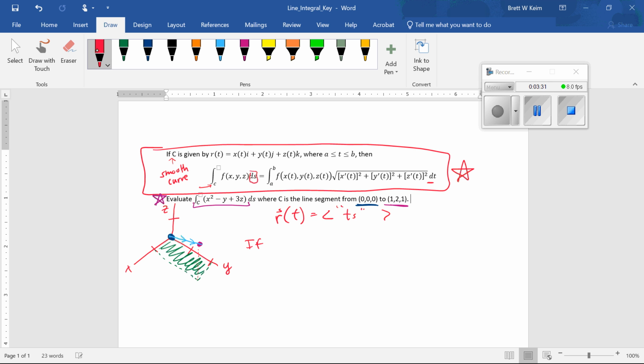If I let t equal 0 at the start, then I need to get the point 0, 0, 0. And if t equals 1, then I need my endpoint, which would be 1, 2, 1. Of course, that's arbitrary. You can pick whatever t value you want. It's just a way of scaling it.